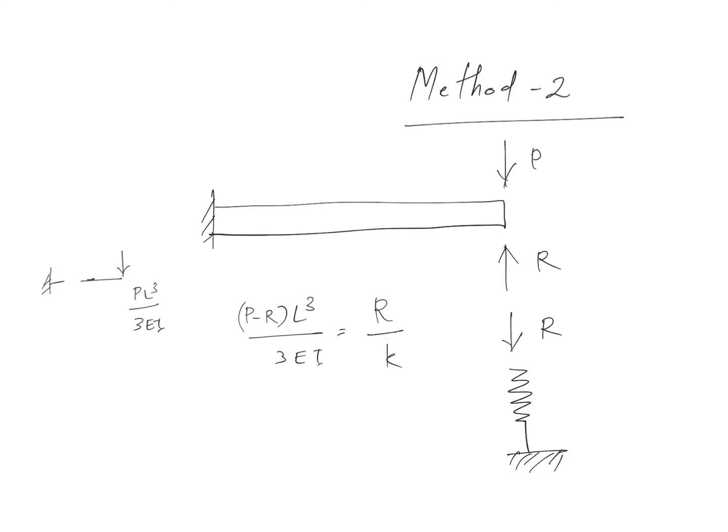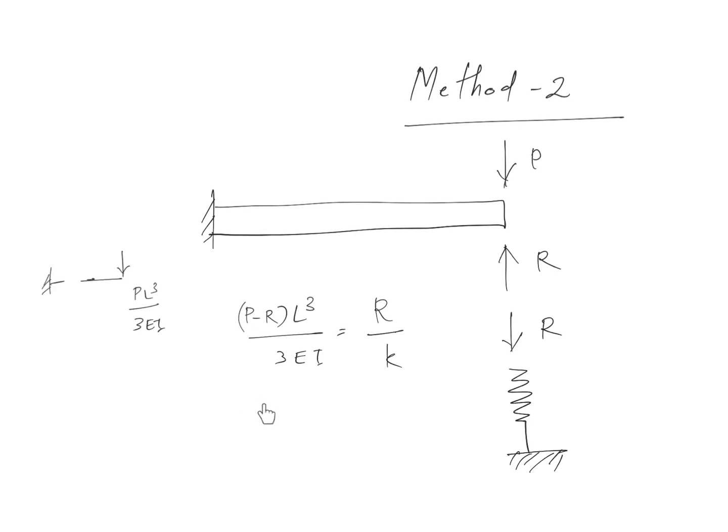From this we can solve for capital R. Make sense? Then you can plug in either of these formulae to get the displacement at the end point. This seems fairly easy, but I wanted to tell you Castigliano's theorem also. That's why I preferred method 1.